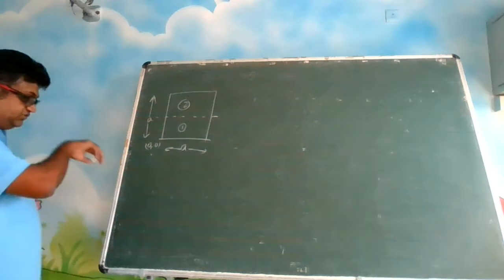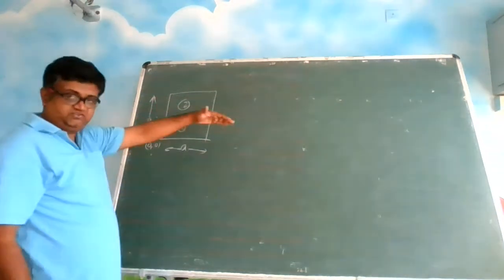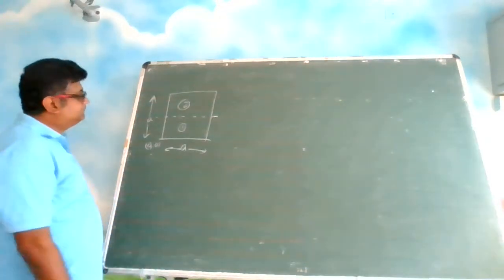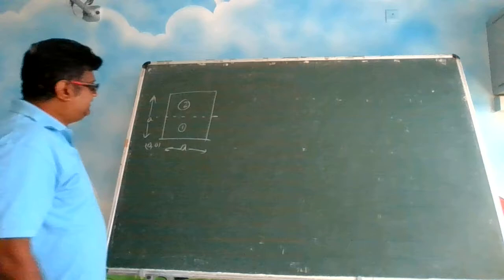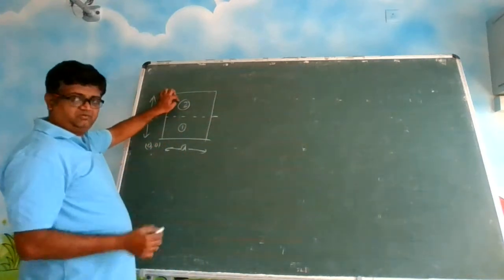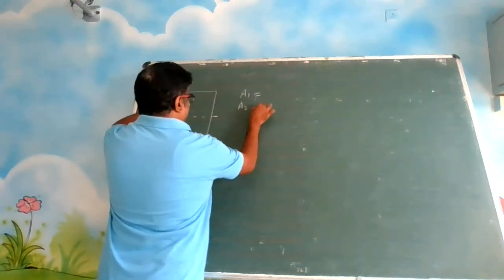Now in this case, what we are studying, we are taking a cut like this and see if the statement what I said is right or wrong. Now, same thing we will do. So this is 1, this is 2. Quickly we will find out A1, A2. Not putting all the steps.